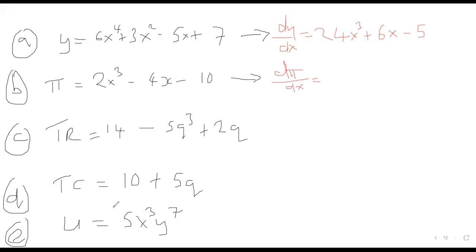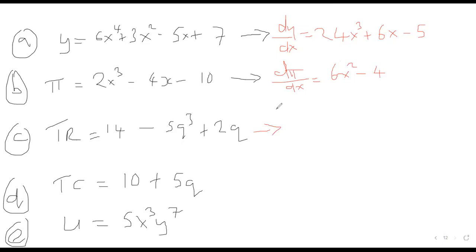What do we have here? It's equal to 6x squared, correct? Minus 4. That's it. That's it, correct. Next pair.